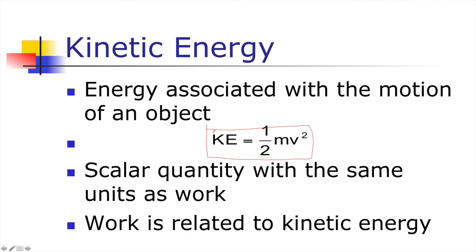The kinetic energy of an object can be calculated as half times m times v squared.